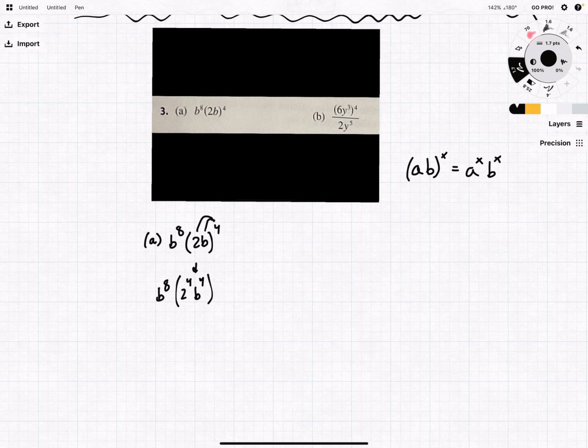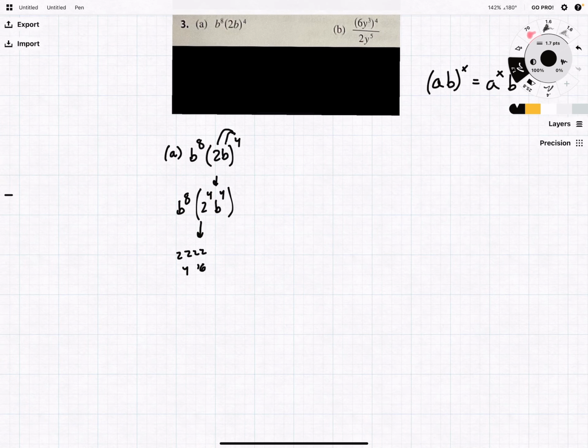So then we have 2 to the 4th, which is 2 times 2 times 2 times 2, that's 4, and 16. So 2 to the 4th is 16. We have b to the 4th times b to the 8th. I just switched those two, all I did was switch the order.